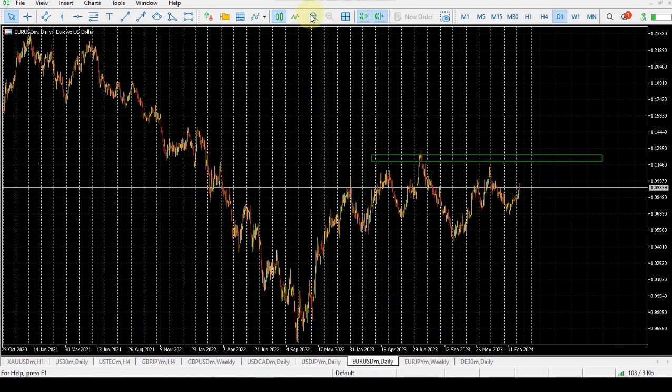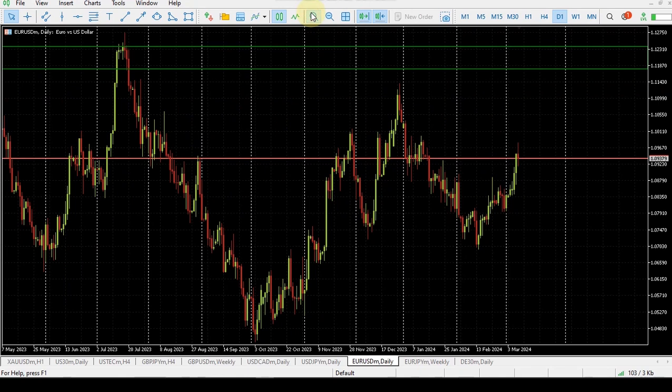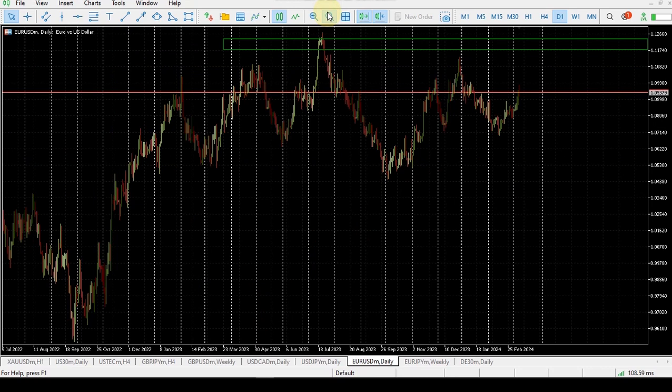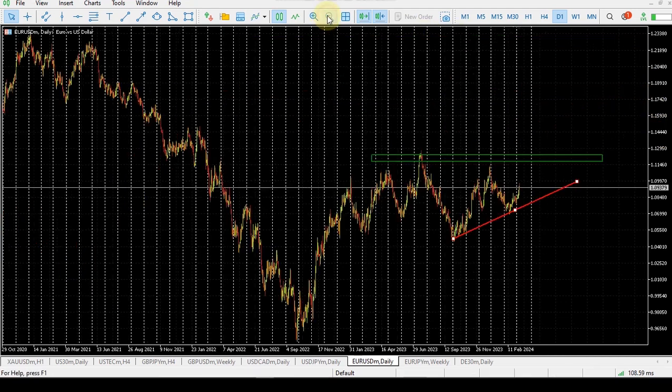So this is Euro USD. As you can see, I've already mapped out this particular high. Then where else should I focus on? This is what I'm seeing. I love my trend line. I want to see the market working between this rectangle and the trend line.